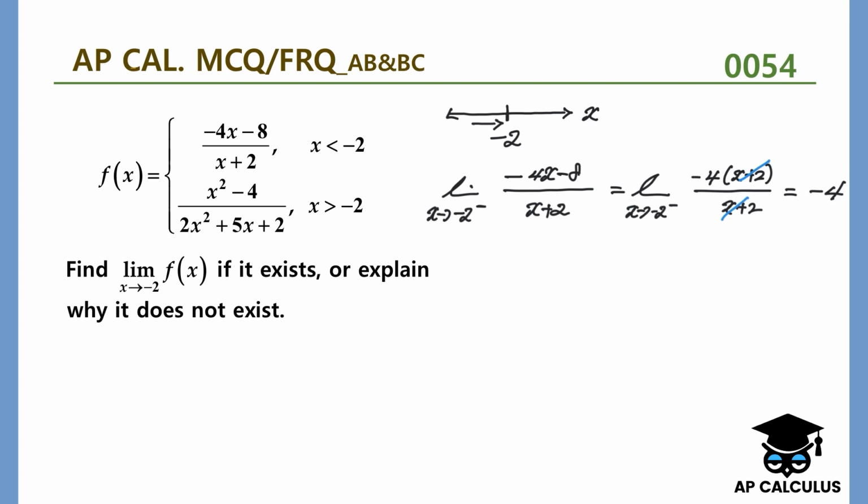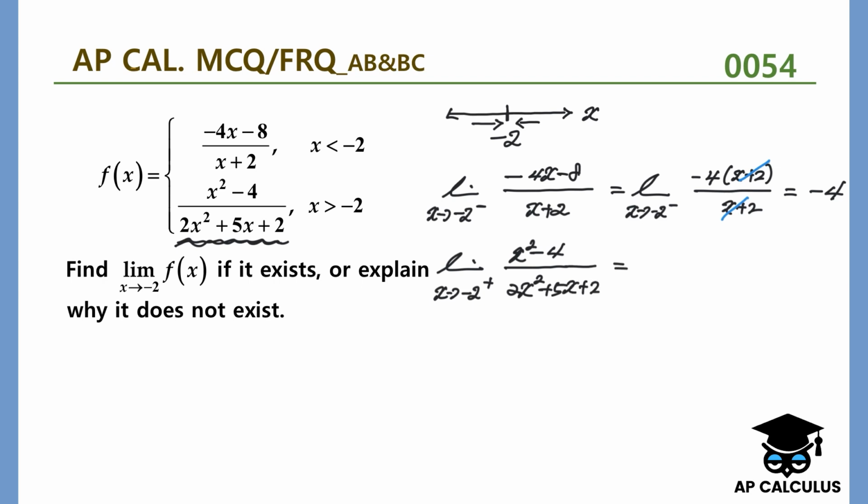If x approaches -2 from the right-hand side, we have to find the limit from this function, because f is defined as this if x is greater than -2. So the limit as x approaches -2 from the right-hand side of (x squared - 4) over (2x squared + 5x + 2).